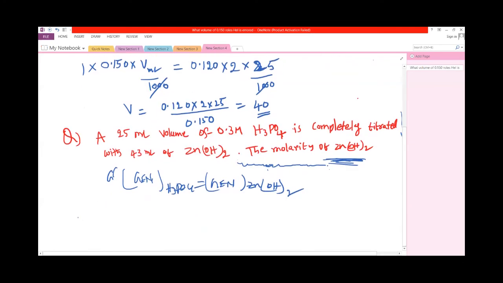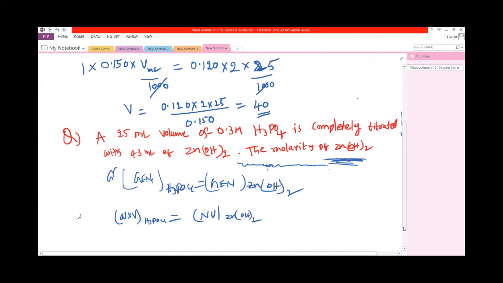Normality into volume: if both volumes are in ml, we can take ml only. Nothing is wrong. N into V of H3PO4 equals N into V of zinc hydroxide.